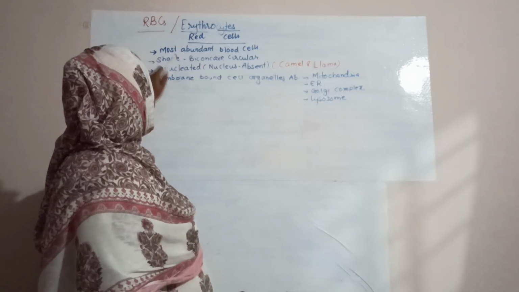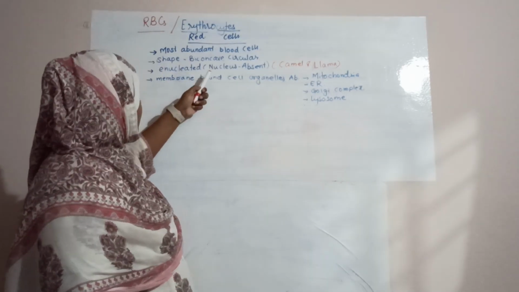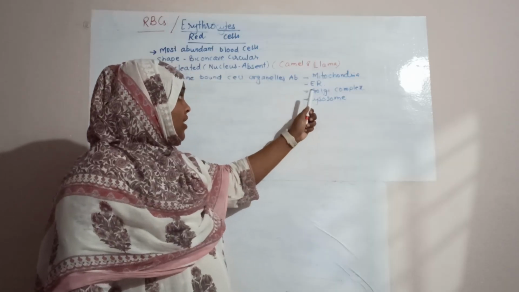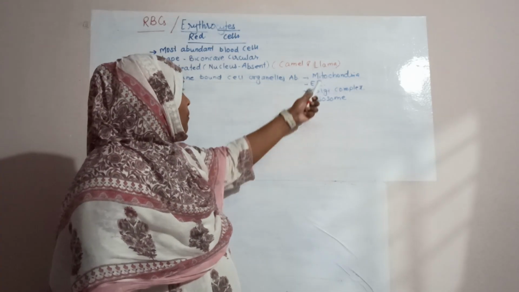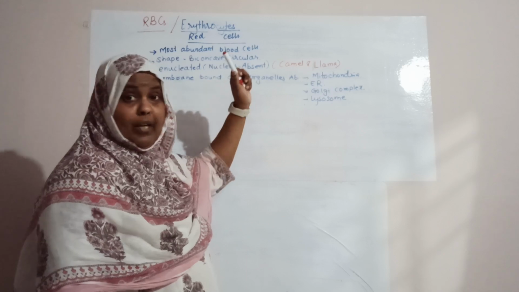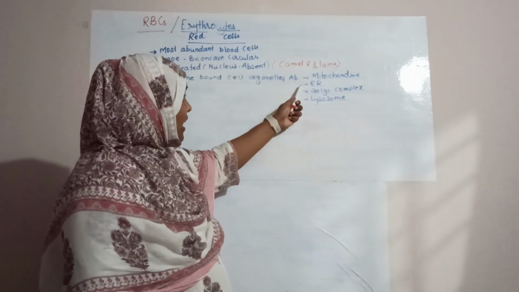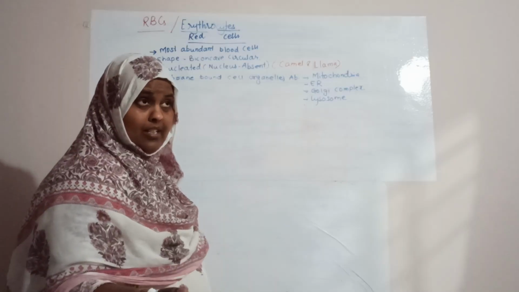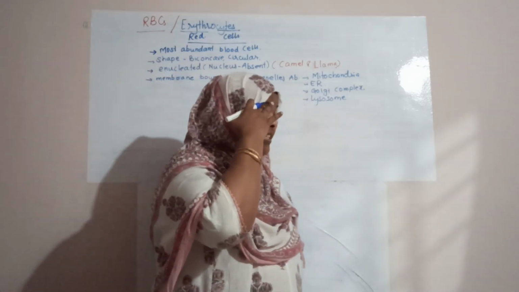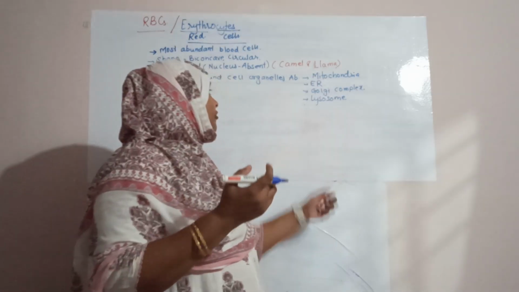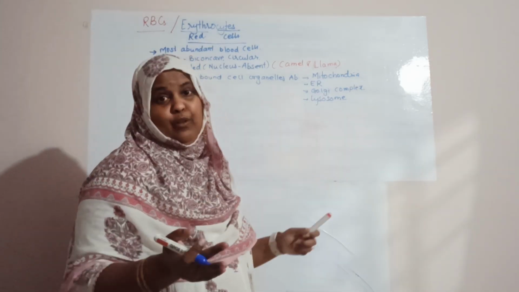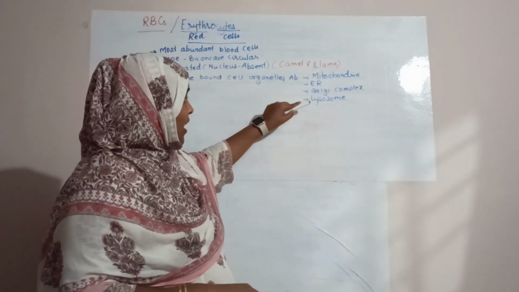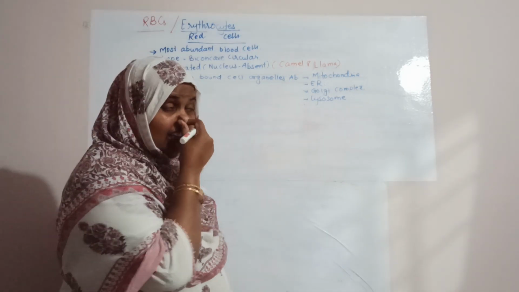So in an RBC, the nucleus, mitochondria, endoplasmic reticulum, Golgi complex and lysosome are absent. Mitochondria and nucleus are double membrane bound structures. ER, Golgi complex and lysosome are single membrane bound structures. They form the endomembrane system, in which endoplasmic reticulum, Golgi complex, lysosome and vacuole are included.